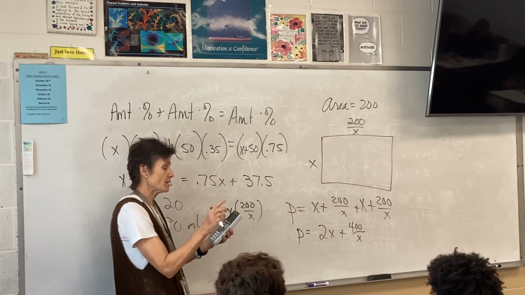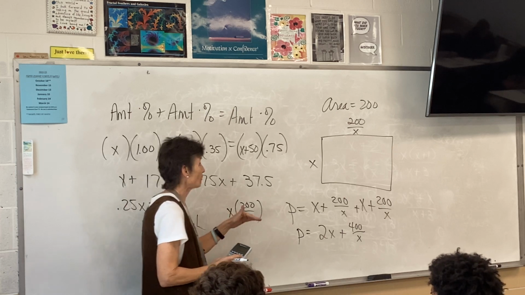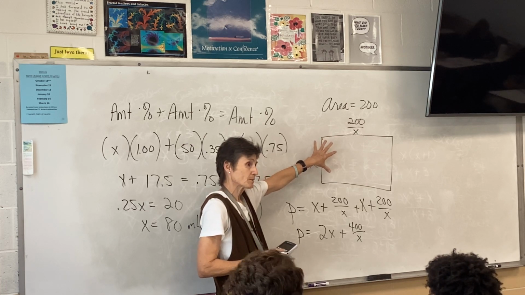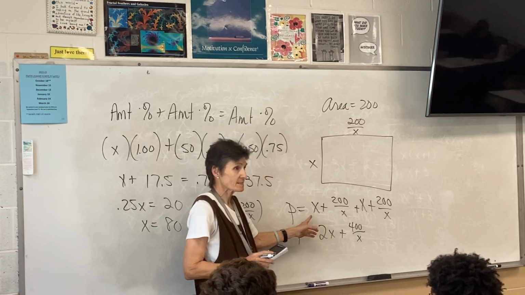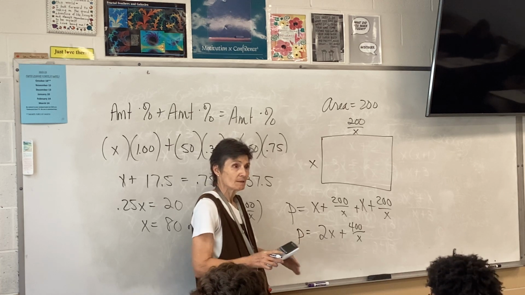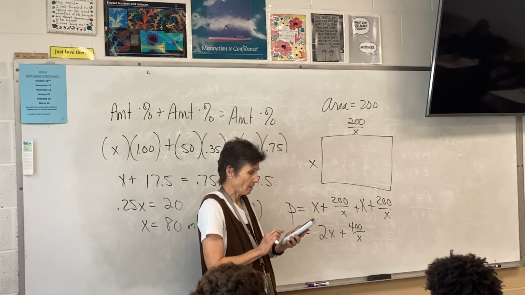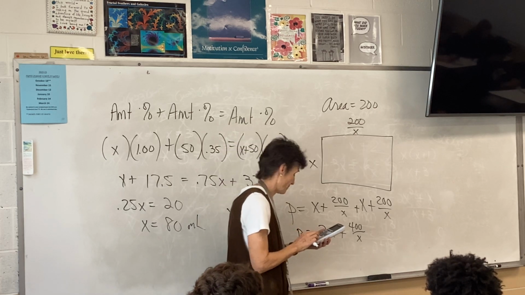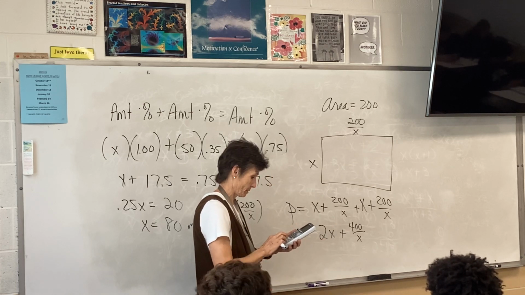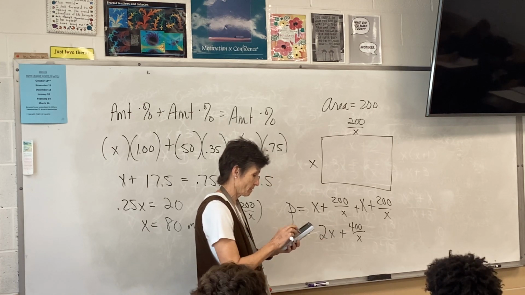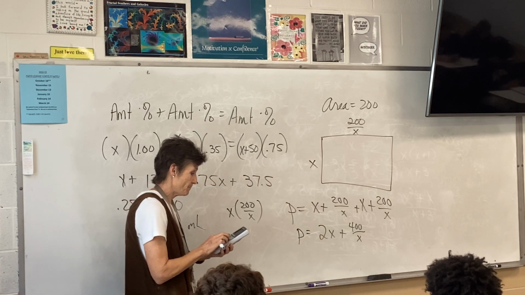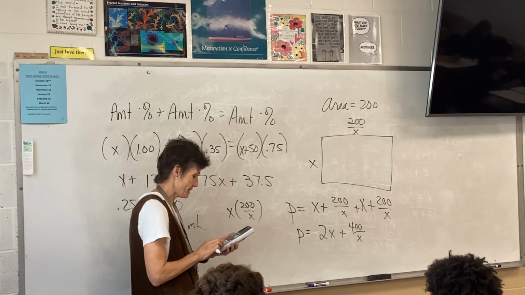Now, I don't know how your window is set, but you can help yourself out by thinking about it: don't we only want to be in quadrant 1? Don't our X and our Y have to both be positive? So at least do that for yourself. Now, if you're like me and you type in something and you don't see anything, then maybe your window needs to be changed.